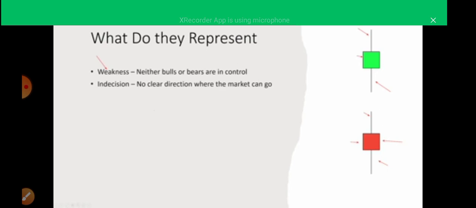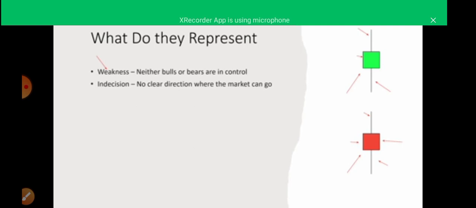We clearly know, comparable to the momentum candles, that neither bulls or bears are in control of the market. And it's very easy to identify that because this candle does not give you any indication of which direction you should be taking this trade. Well, especially when they're like this.